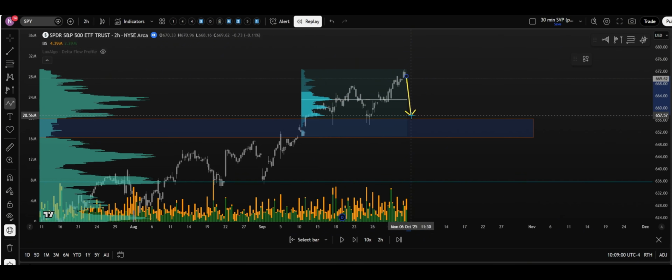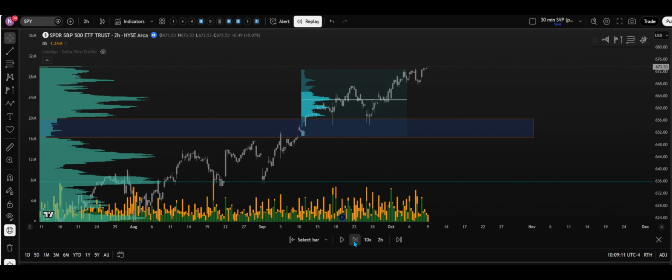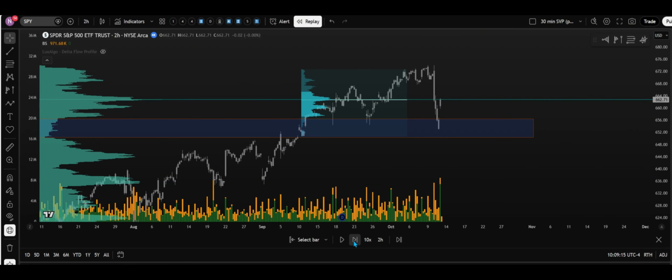If that breaks, and then eventually our long-term demand zone in that low volume node gap. So let's just see what happens. And then once I get through this one, we're going to look at the market as a whole to see if we can determine when we can actually identify a bear market. So price pulls back to that low volume node gap. Again, it is used as support.